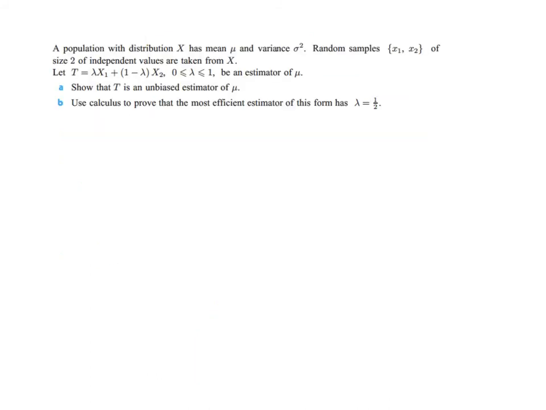Let us look together at this question. You can pause the movie and try it. Question A. To show that T is an unbiased estimator of mu, I need to calculate the expected value of T. So I get lambda times the expected value of x1 plus 1 minus lambda times the expected value of x2.